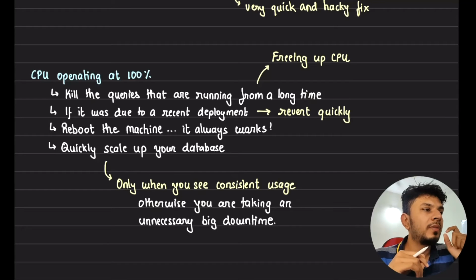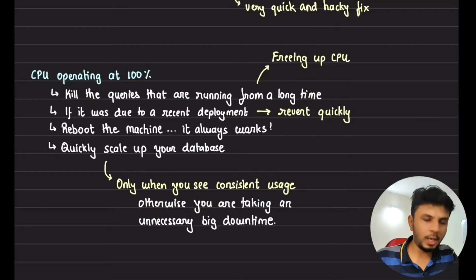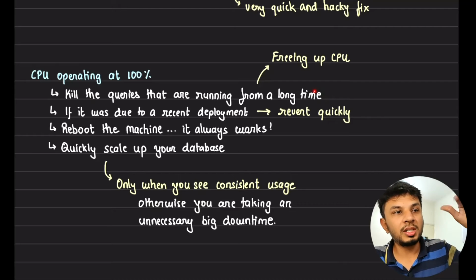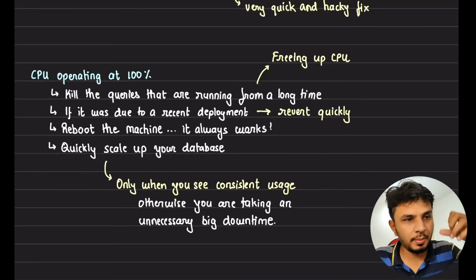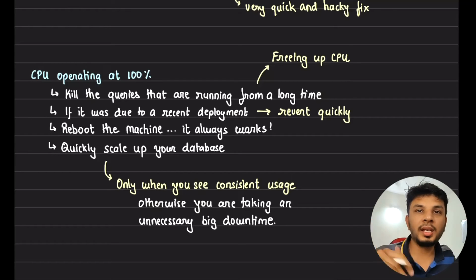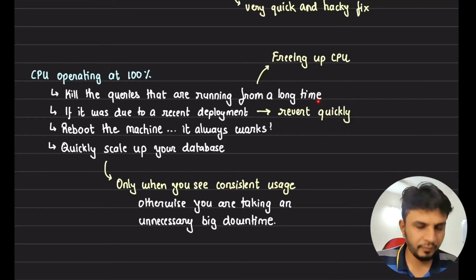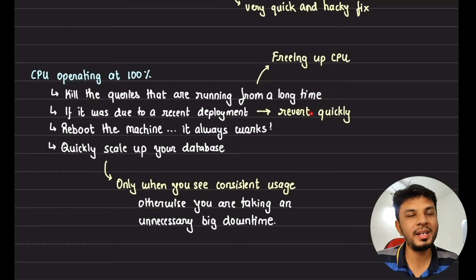If there are queries that have either taken a lock on a database or are constantly hooked up and very CPU intensive, kill them. It would free up your CPU to do something else. Now, not just any query: find out which queries are non-critical and can be killed, and just kill them.